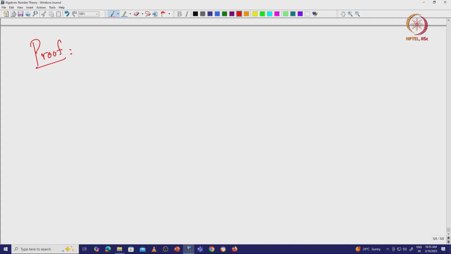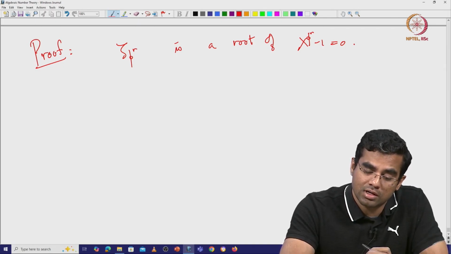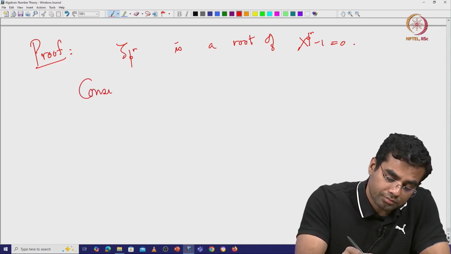So first of all, we know that zeta_{p^r} is a root of x^{p^r} minus 1 equal to 0, but you can in fact write down a polynomial of smaller degree whose root is zeta_{p^r}.